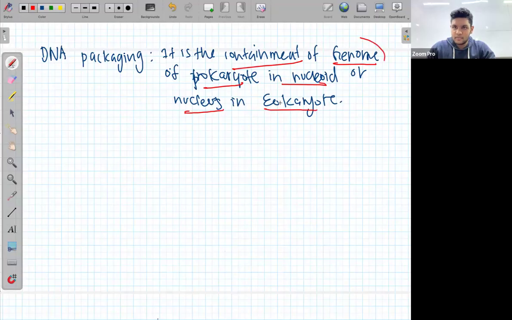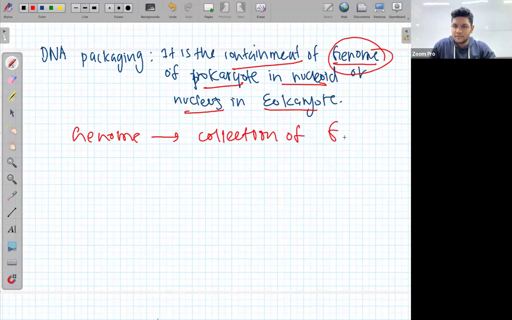Now, what is this genome? Genome means a collection of genes. Is it clear? A collection of genes. Now you might ask, what are genes? We have a rough idea what genes are. Genes are something we have within us. But to have a bit of clarity, I'll give a hint, which will be learned in future in this lesson.